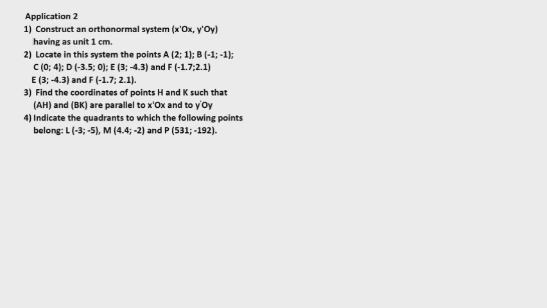Then find the coordinates of points H and K such that AH and BK are parallel to x'Ox and to y'Oy. And then indicate the quadrants to which the following points belong: L (-3, -5), M (4.4, -2), and P (531, -192).